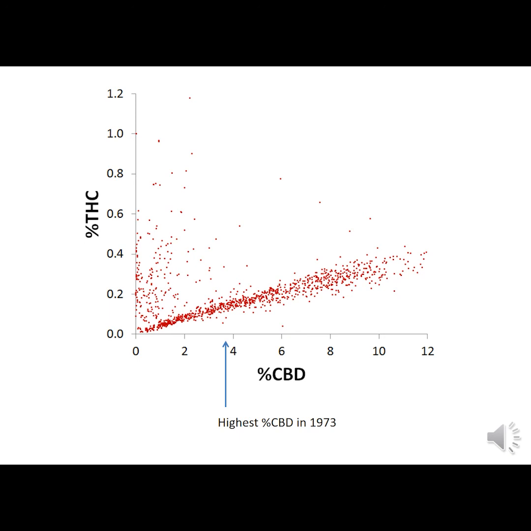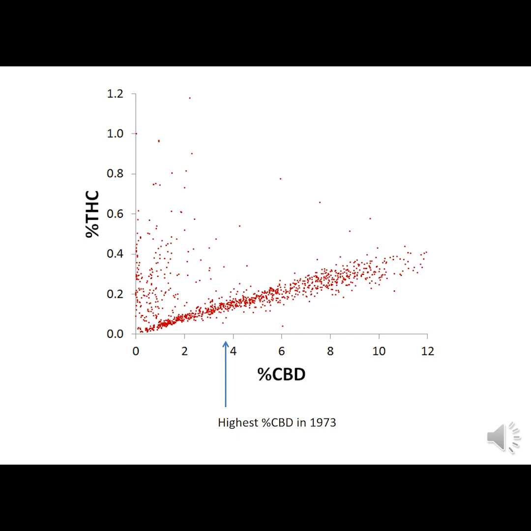This data was collected from our testing last year, and again, it's showing total percent THC on the y-axis versus percent CBD on the x-axis. And there is a very good relationship between THC and CBD. And as CBD concentration increases, the THC concentration remains low, but there's still an increase in THC.